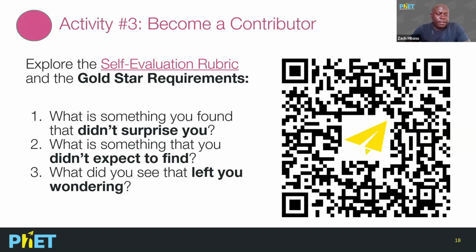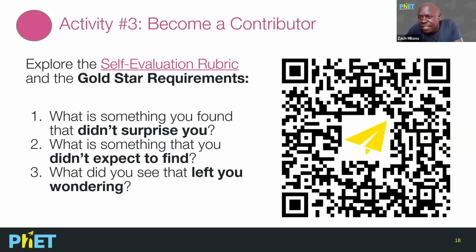And then the third thing, as you explore that list of requirements for a gold star, tell us what it is that you see that left you wondering. And you can type in the chat box as you respond to those questions as you go through that self-evaluation rubric. Thank you so much.